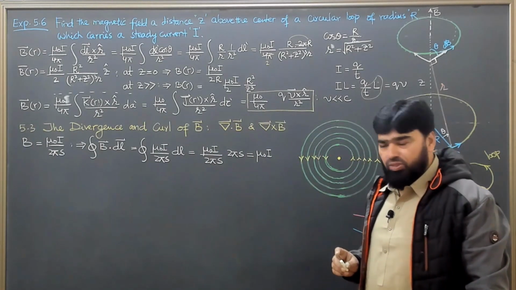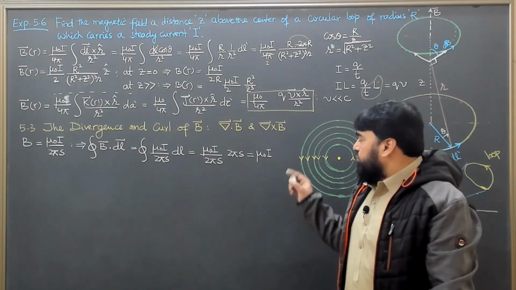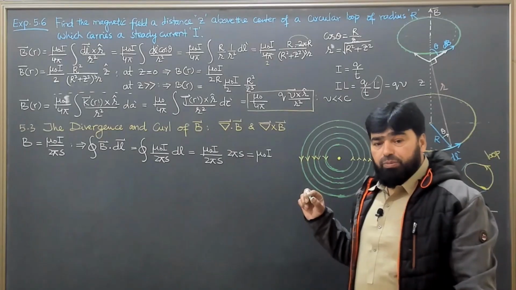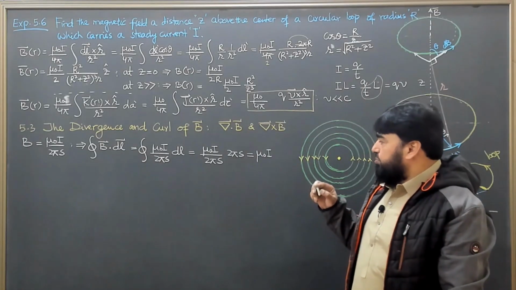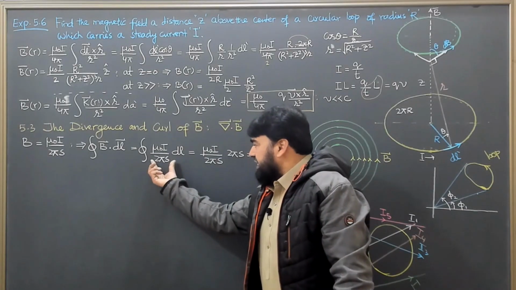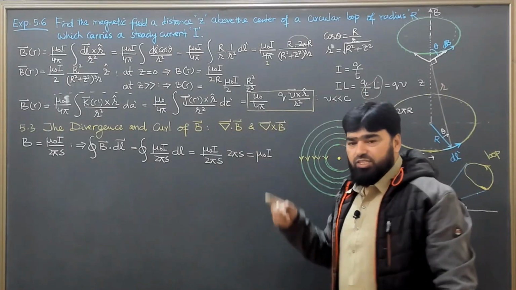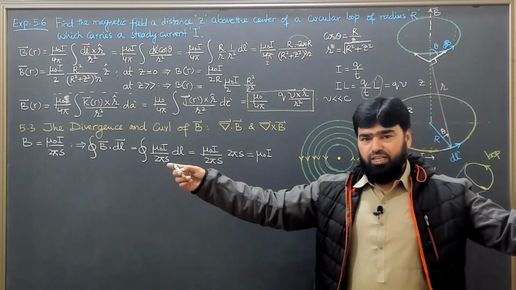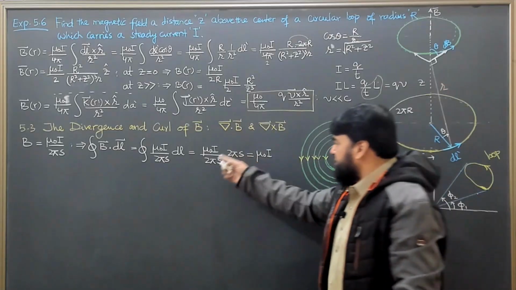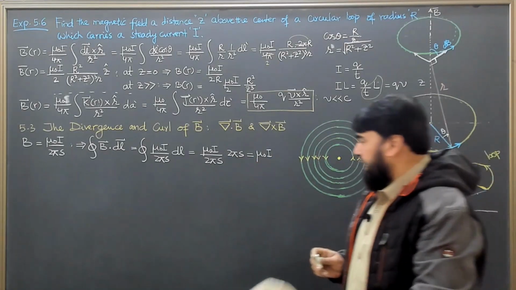Now why did this come out independent of s? Because the way s is increasing, the same way the circumference is increasing. So both are cancelling each other, and here we are left with mu naught I.